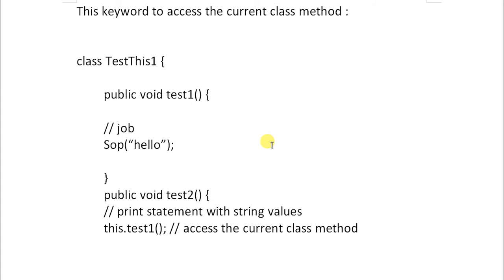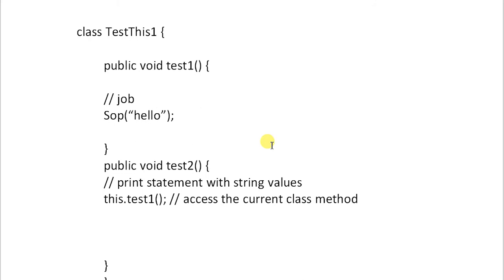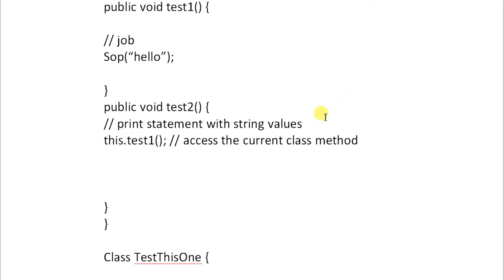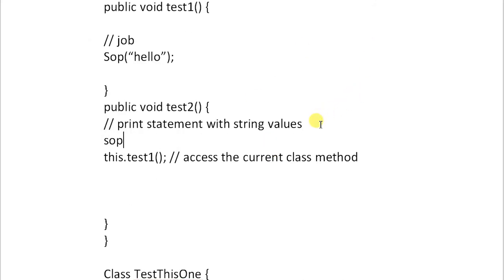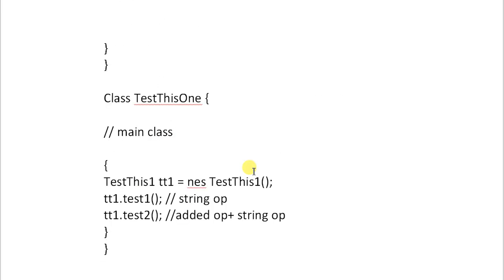Just understand SOP means system.out.println. So let me keep SOP hi, and here this dot test1. This dot test1 means it will print hello. So what will be the output here?